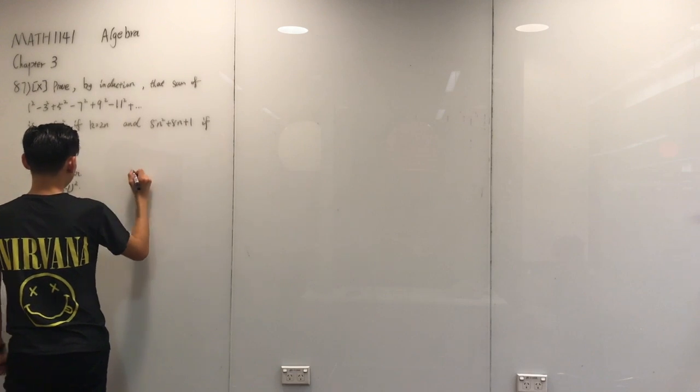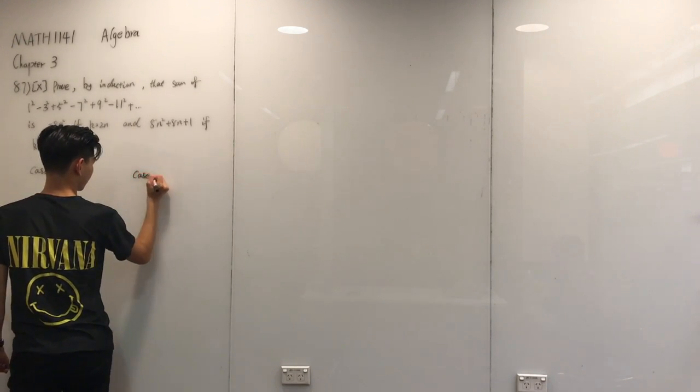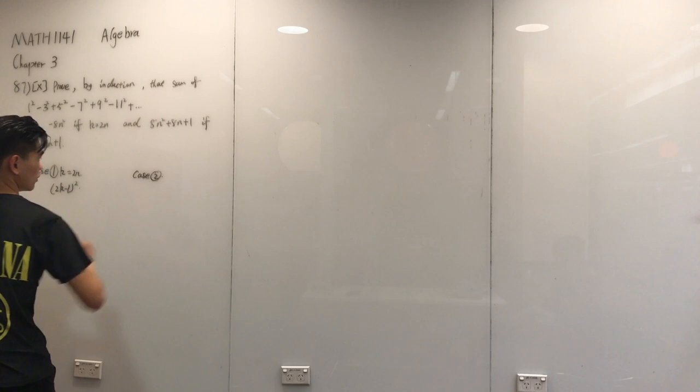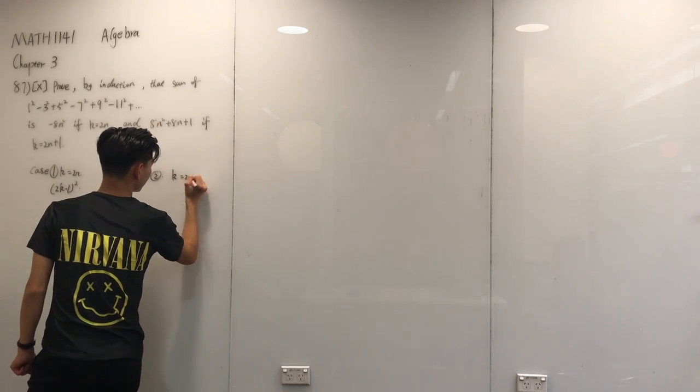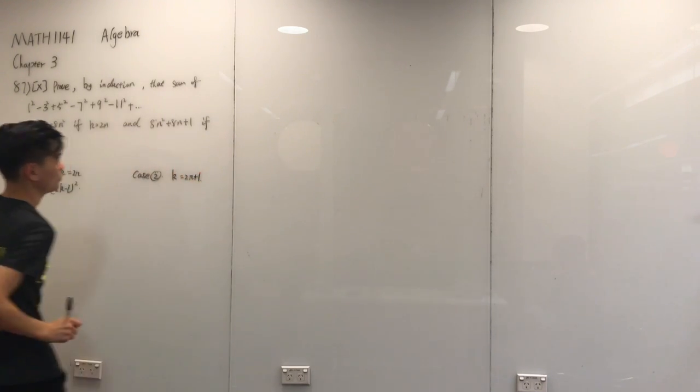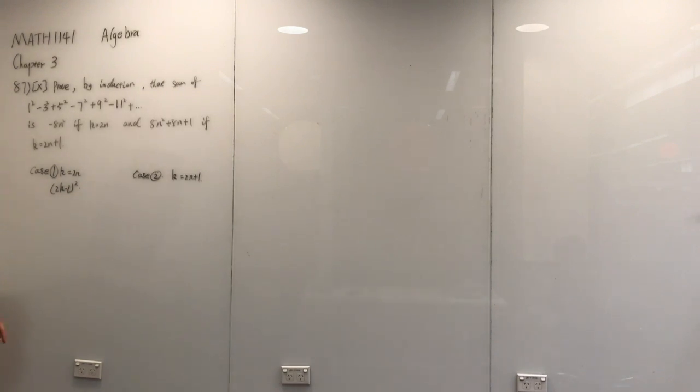Now we need to analyze case 2. k equals 2n plus 1, right? Just the same strategy here. So it will be 1 squared minus 3 squared plus 5 squared, or 1 squared minus 3 squared plus 5 squared minus 7 squared plus 9 squared, or 1 squared minus 3 squared plus 5 squared minus 7 squared plus 9 squared minus 11 squared plus 13 squared, right?